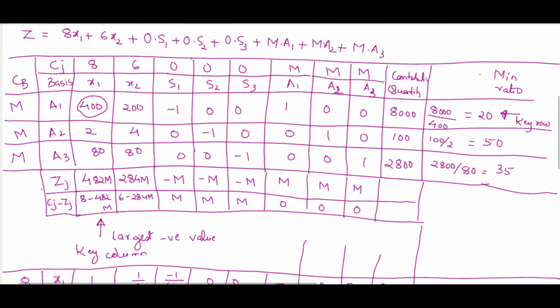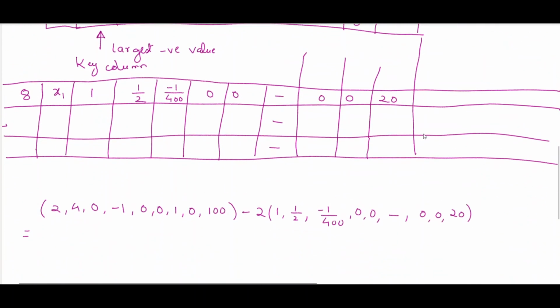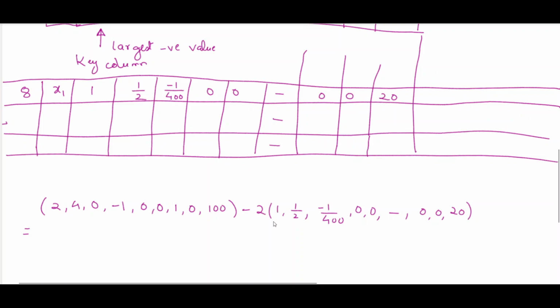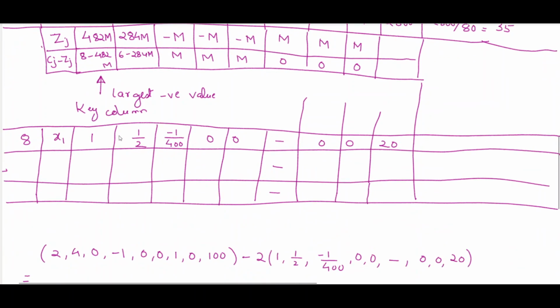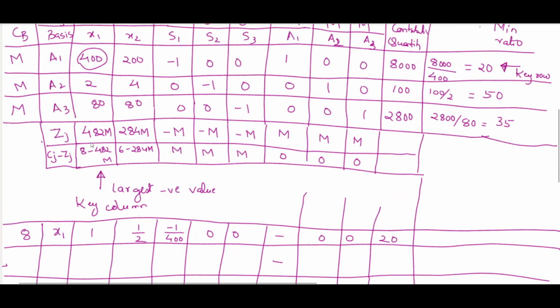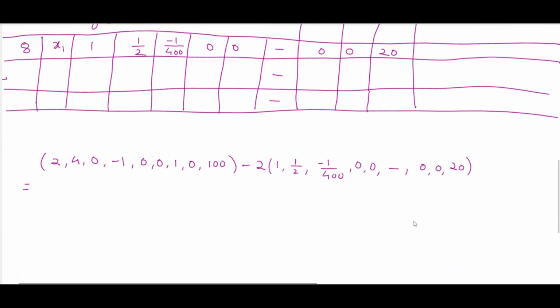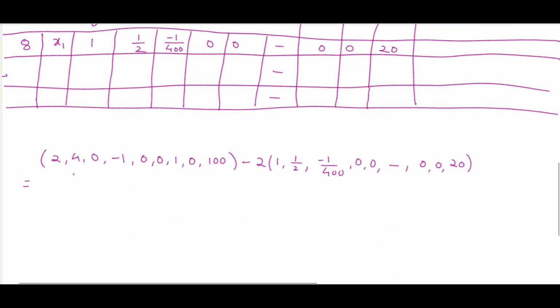So how you will do it: first you take all the values of the present second row, and subtract the intersection element of this column times the new x1 row. This is the key column we have found, and that element is here, it is 2. You will subtract 2 multiplied by the present new x1 row, because x1 is the main row. This is the rule. So the values you get: 2 minus 2, 0.